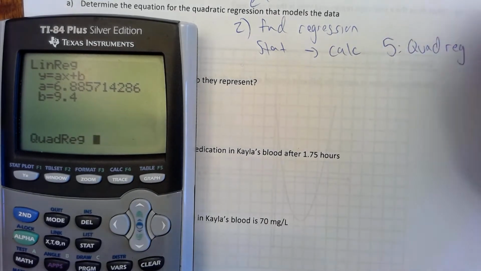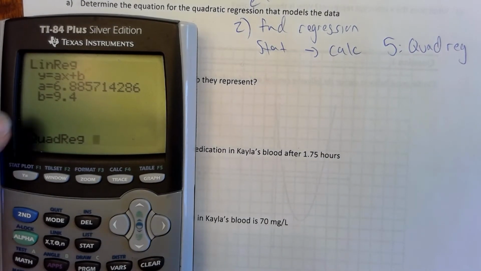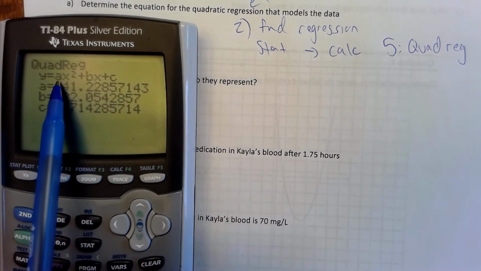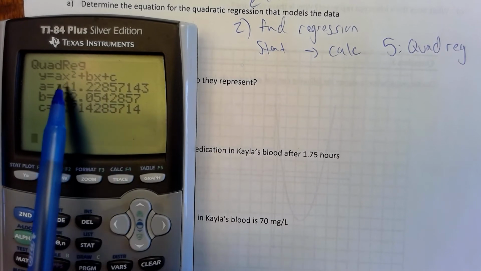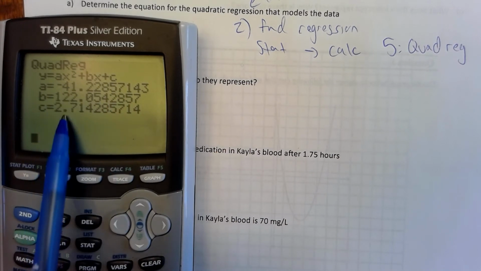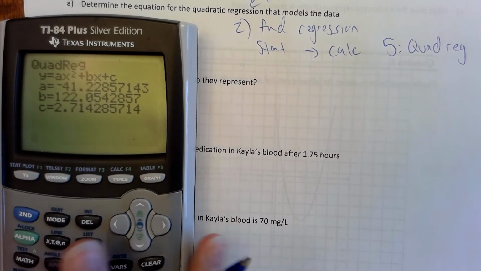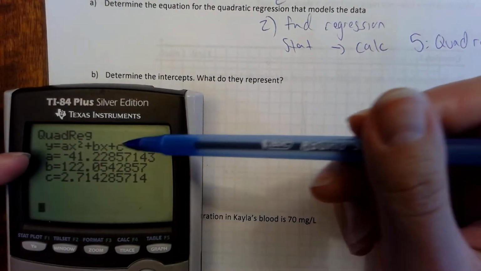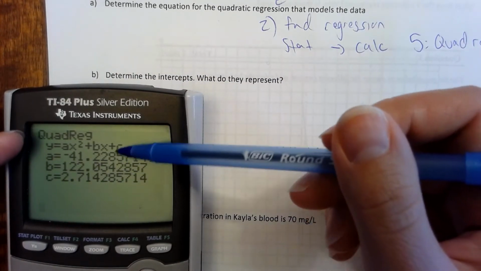Quadreg. And I might have to hit enter. You might have to hit enter a few times, but this is the form that I should have. It tells me what my equation should look like, and then it tells me my coefficients and my constant. So my next step here is just to write it down. And we write it down in this form. We don't copy this whole thing down.